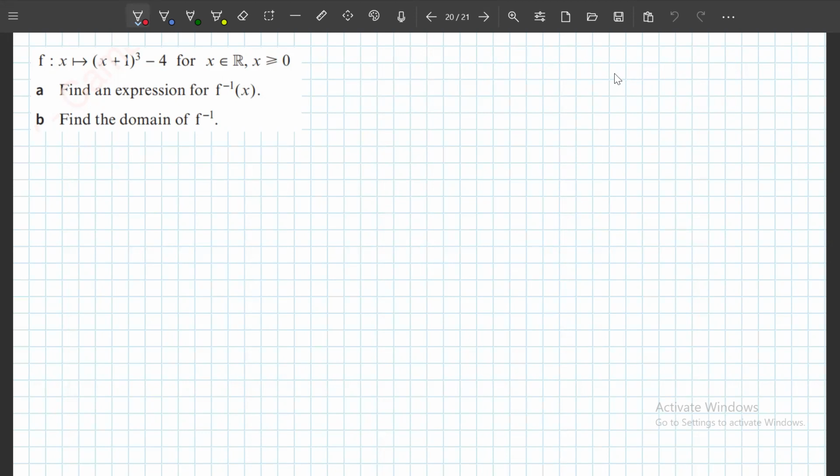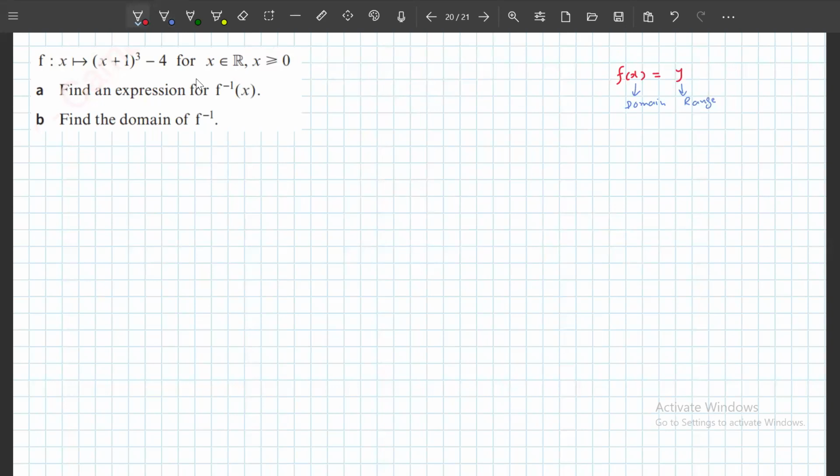Remember that generally we write f of x is equal to y. In this situation, x represents the domain and y we say is the range.